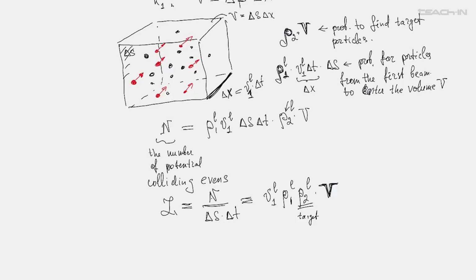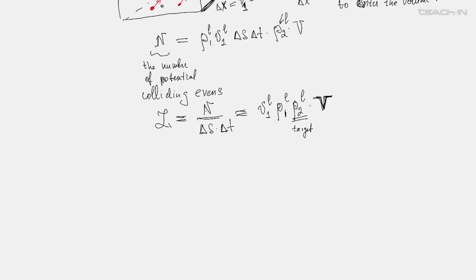So, I have not yet finished with the luminosity, because we have computed, or defined, this quantity in the laboratory frame. So in the frame where particles of the second beam are actually at rest and represent the target.